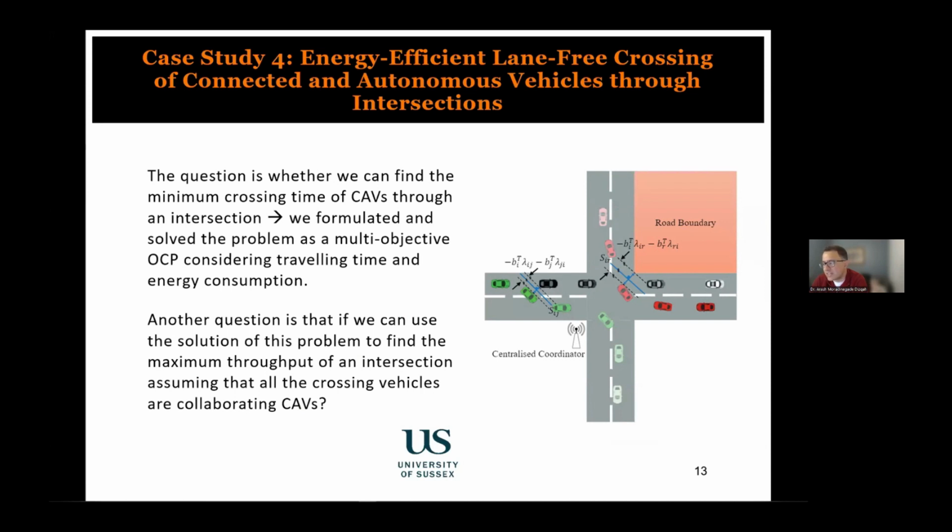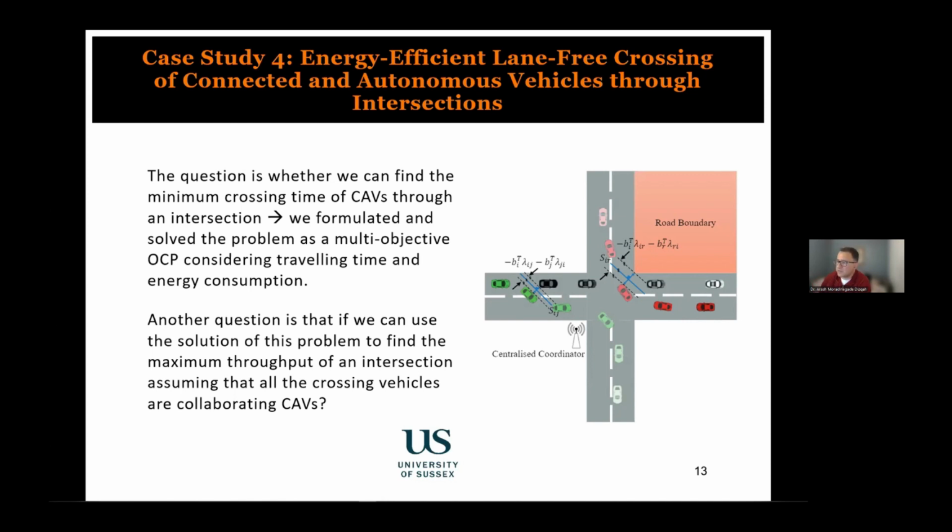The question is, if all the cars are connected and autonomous vehicles, can we improve the throughput of intersections, and can we formulate such a problem and then solve it and show that having all the vehicles collaborative and autonomous would improve the throughput of the intersection?